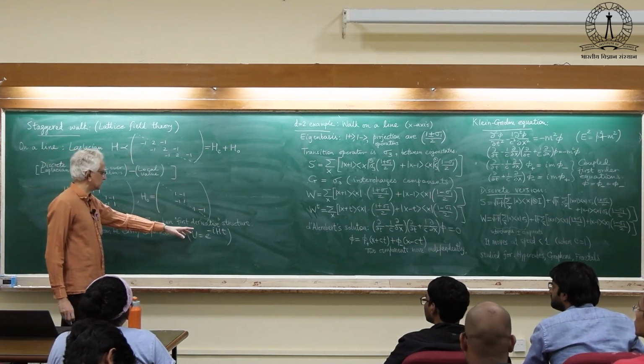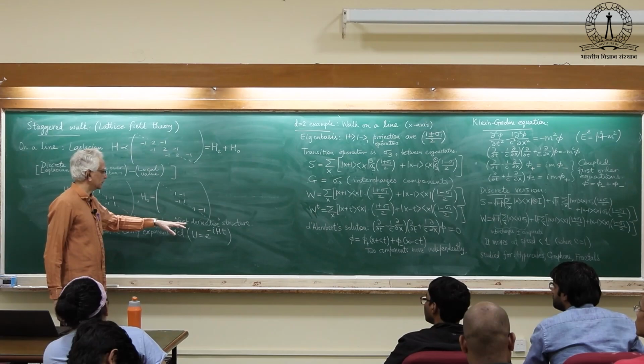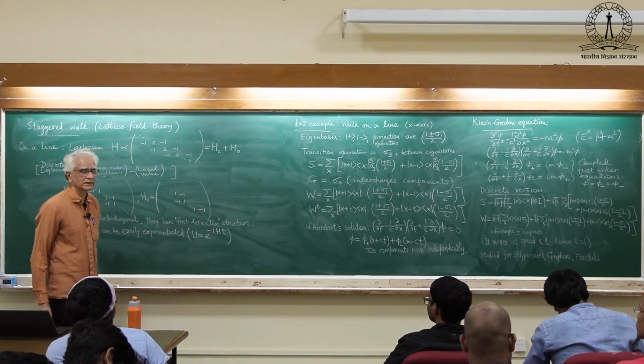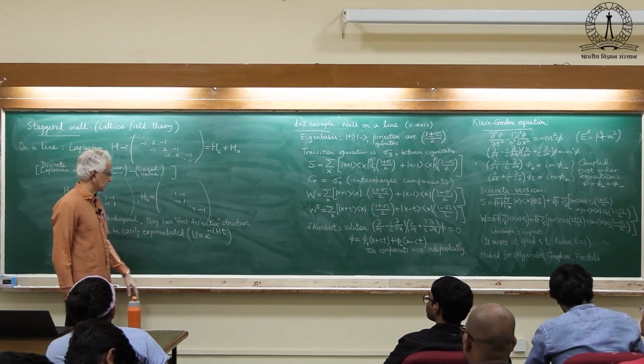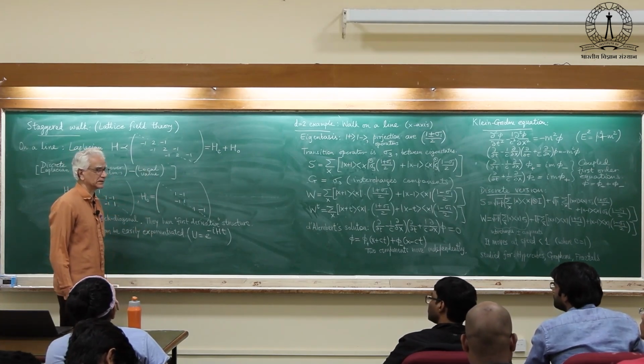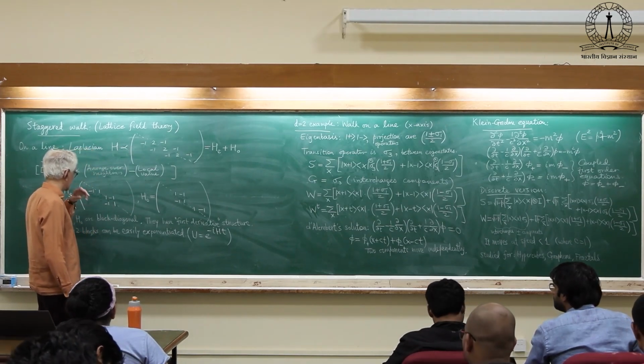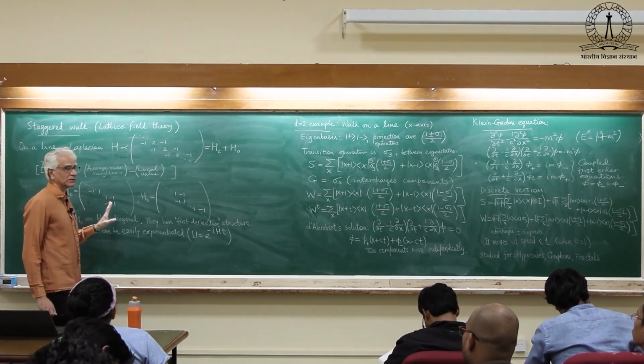The common thing which you have seen is you can write this as a combination of Pauli matrices, and you know how to exponentiate the Pauli matrix. This is a Hamiltonian, which is Hermitian. That is definitely true.